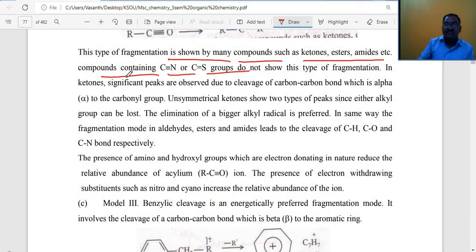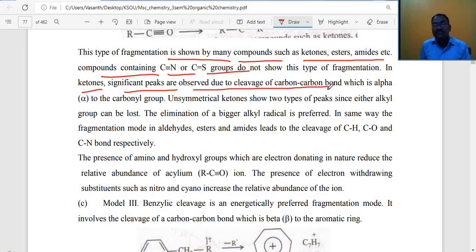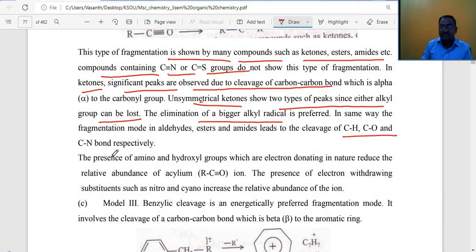In the case of ketones, significant peaks are observed due to cleavage of the carbon-carbon bond which is alpha to the carbonyl group. Unsymmetrical ketones show two types of peaks since either alkyl group can be lost. The elimination of the bigger alkyl radical is preferred. In aldehydes, esters and amides, the same fragmentation mode leads to the cleavage of the C-H, C-O and C-N bond respectively.